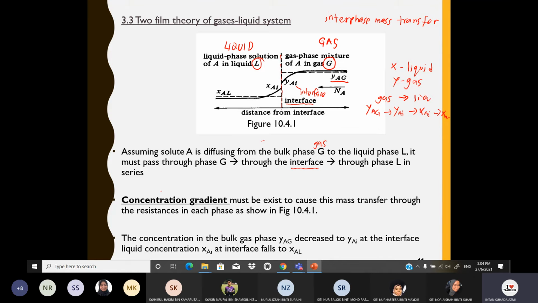I want to ask you, based on your understanding of mass transfer, does a component move from high to low concentration, or from low to high?